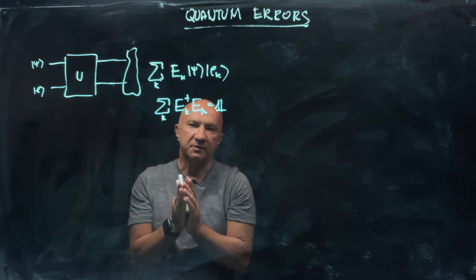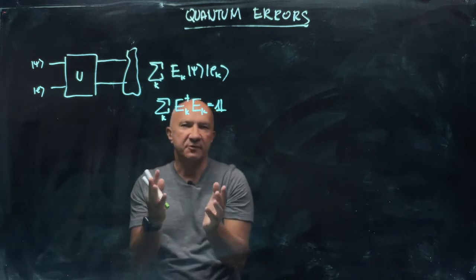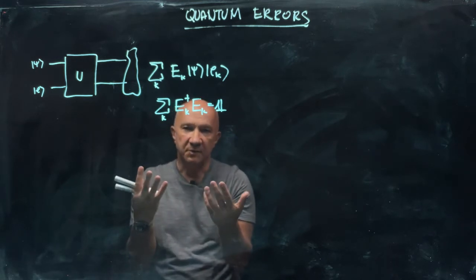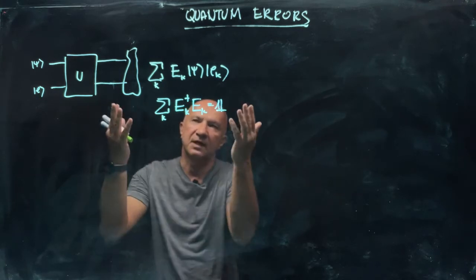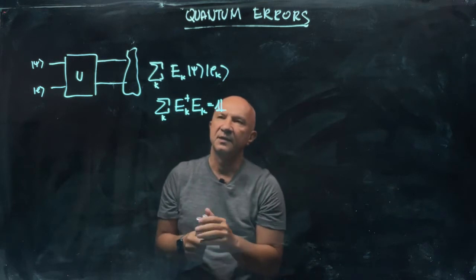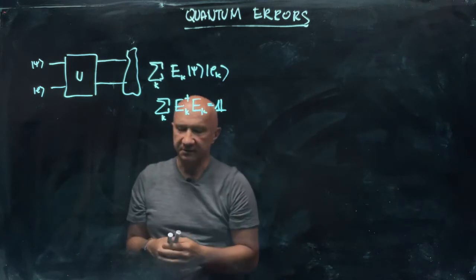Again, we saw that in the case of a qubit, those operators could be the Pauli operators, but in general, they can be other operators. They don't have to be unitary. All that is required is this condition.